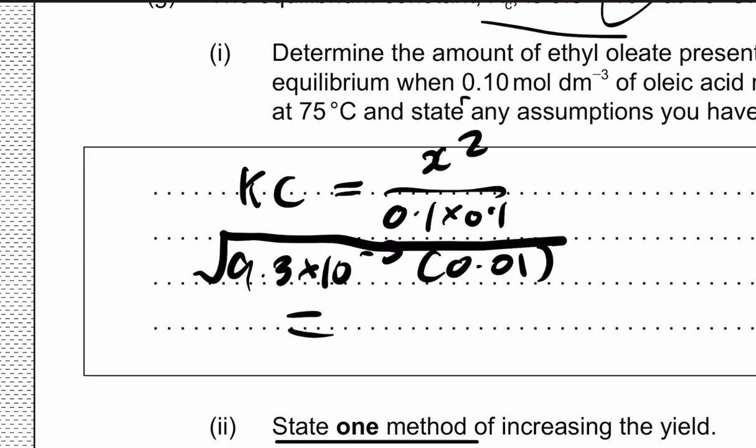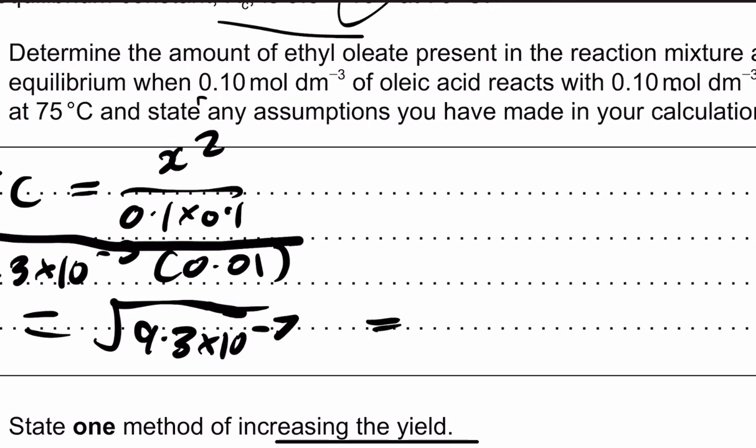That's the square root of 9.3 times 10 to the minus 7, and that gives us our final answer of 9.6 times 10 to the minus 4 mol.